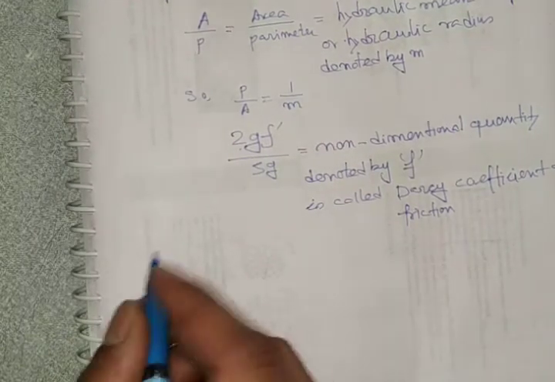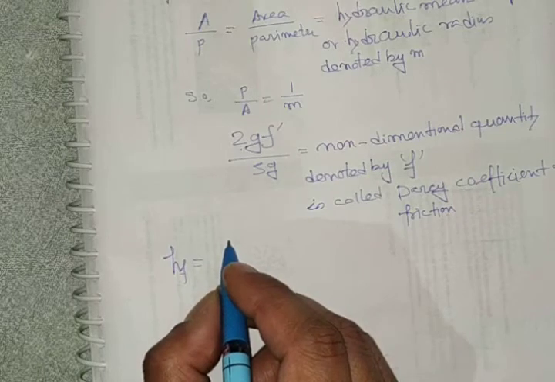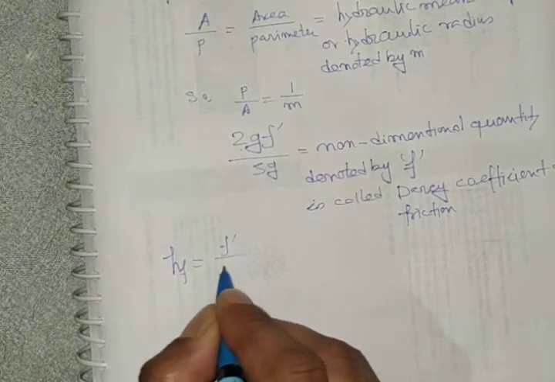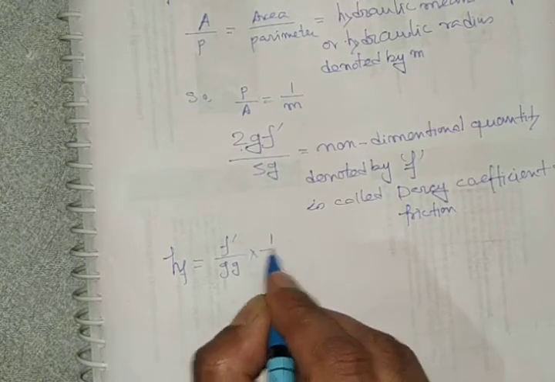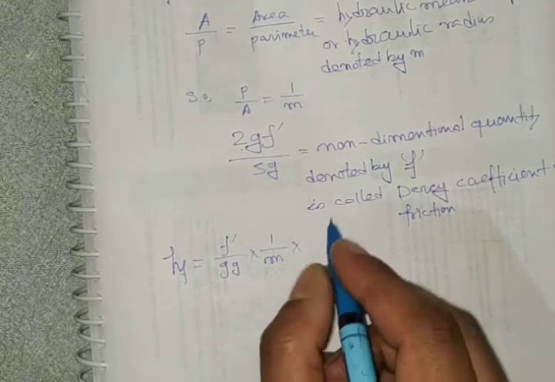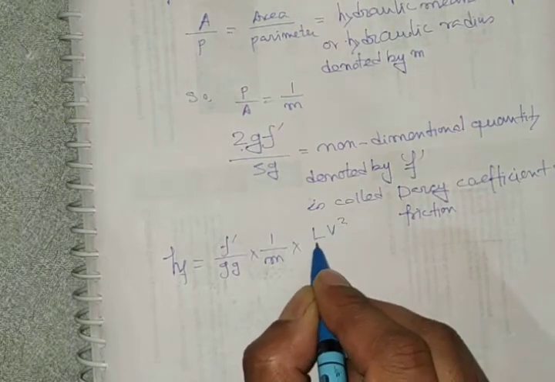So your hf is equal to F dash by rho g into 1 by m into L V square.